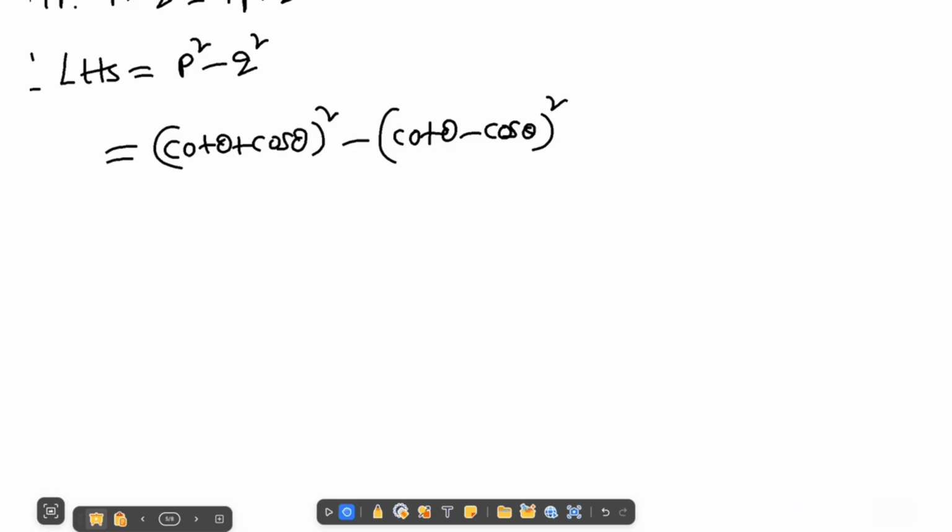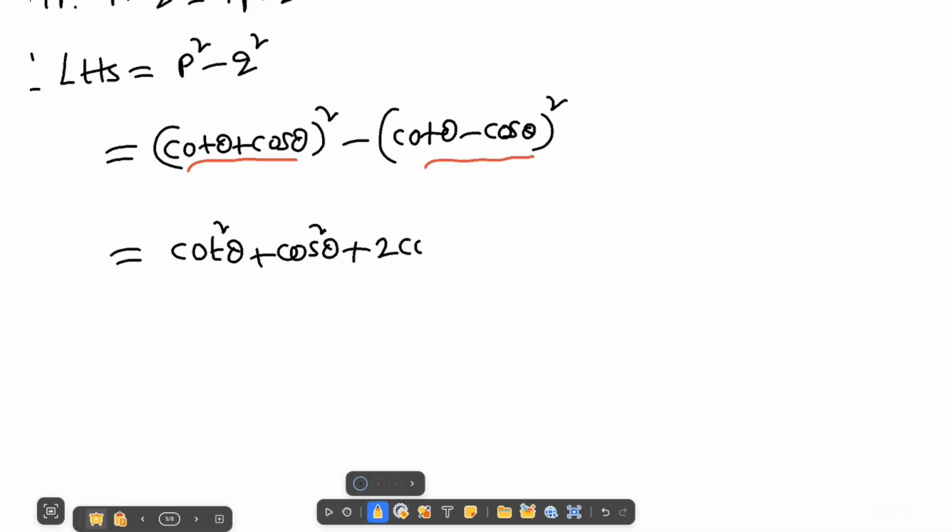So apply A plus B whole square formula here and A minus B whole square formula here. So A plus B whole square formula, A square cot square theta plus cos square theta plus 2AB. So 2 cot theta into cos theta.